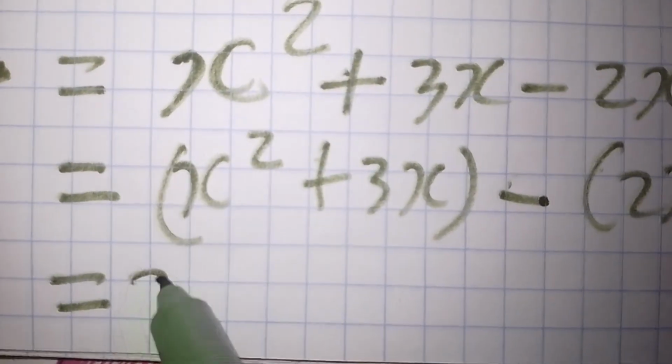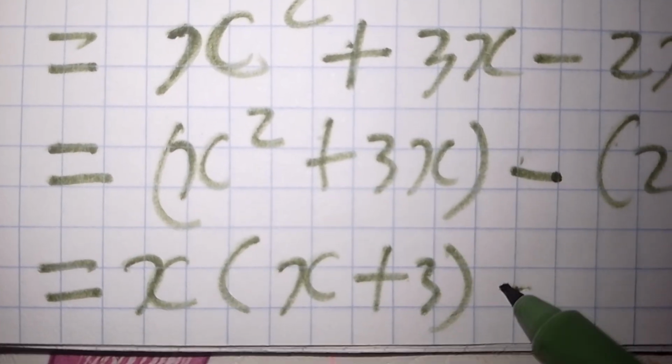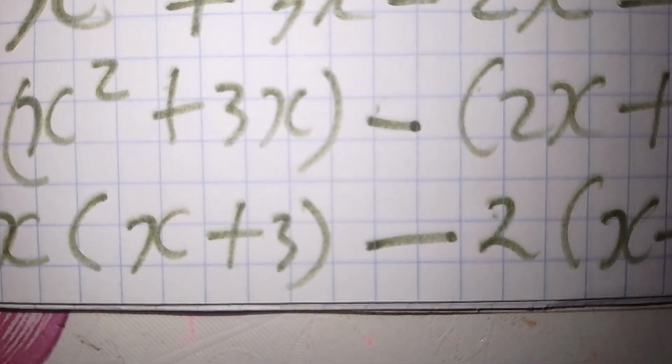Here we have x times x plus 3, and minus 2 times x plus 3.